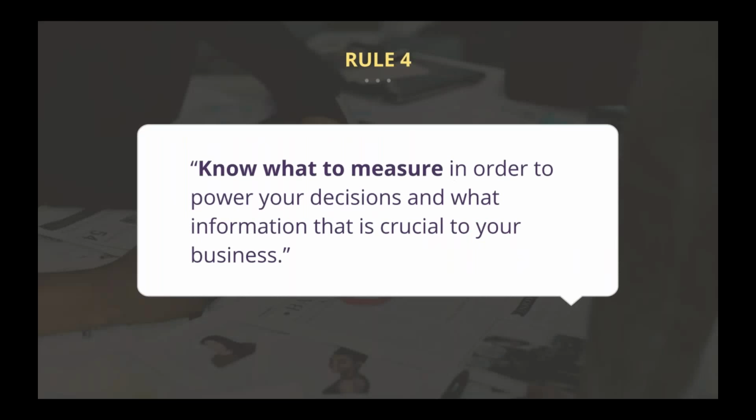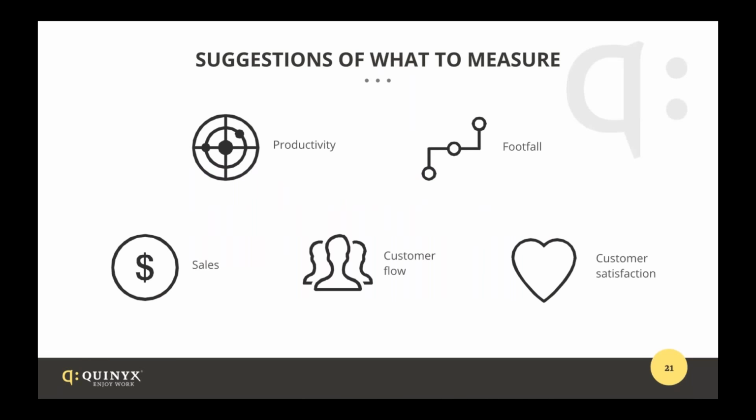Yeah, rule 4. Of course, you need to know what to measure in order to do good forecasting and an optimized schedule, and everything. So this is really a key. There are a lot of different things to measure, and there's no real right or wrong here.